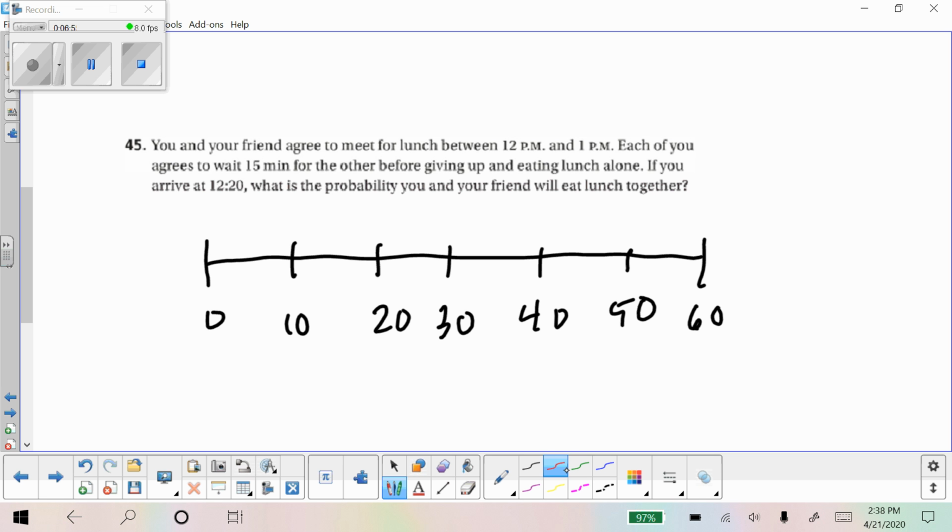If you arrive at 12:20 and you're going to wait for 15 minutes, that means you're going to be right in this area from 20 to 35 minutes. Now, your friend is also going to wait for 15 minutes, so if your friend arrives anywhere in this time frame and waits 15 minutes, then your times will overlap.